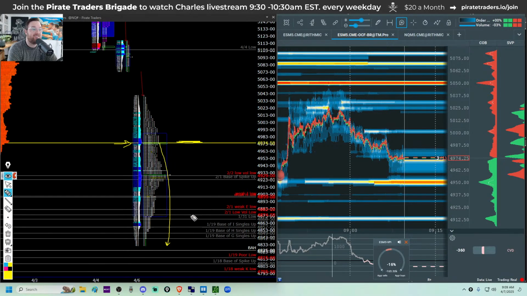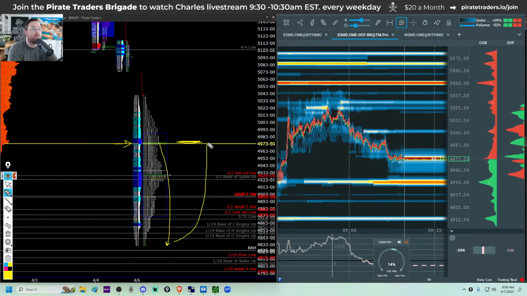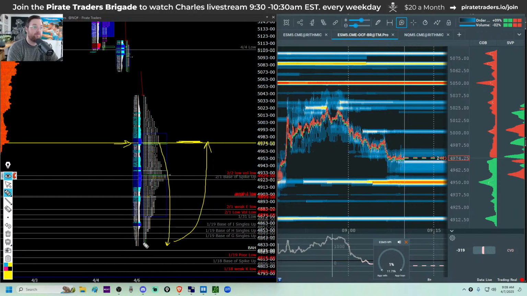There had to be a lot of sellers in this market in the overnight to get it to go back down. Now, some of them have probably already been squeezed, right? Because we were able to completely retrace back up to sort of the middle of the overnight range. So maybe half of those traders gave up, but there's still a lot of shorts from the overnight in the market right now.